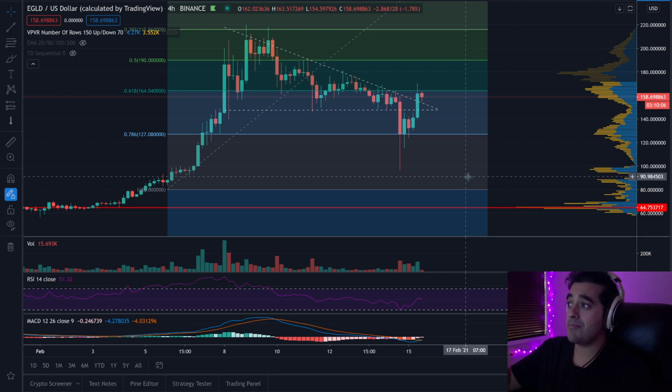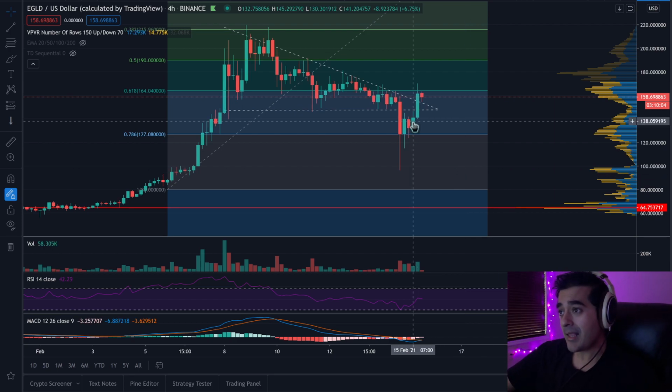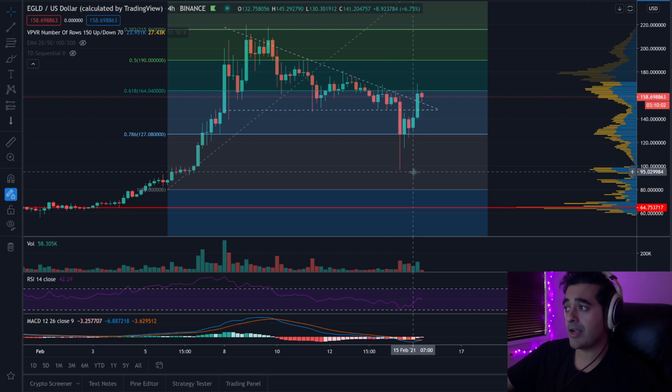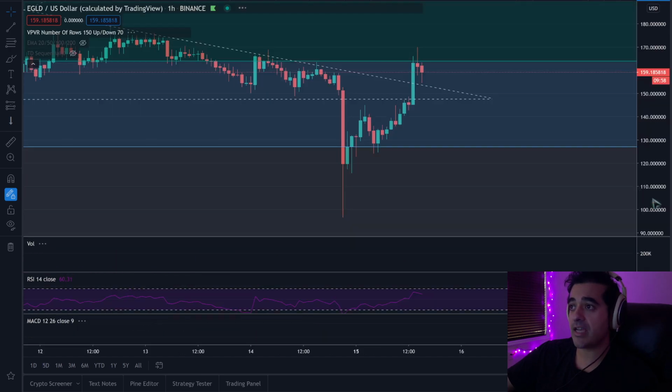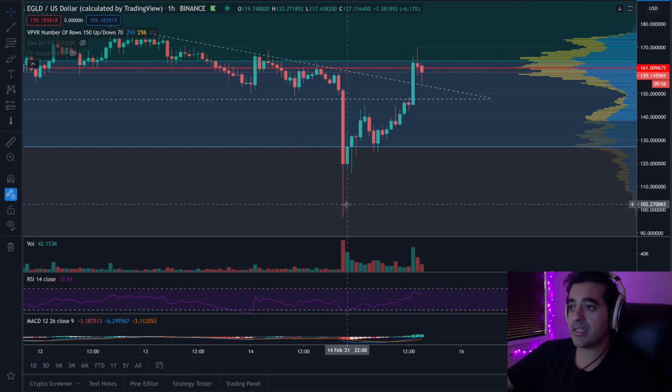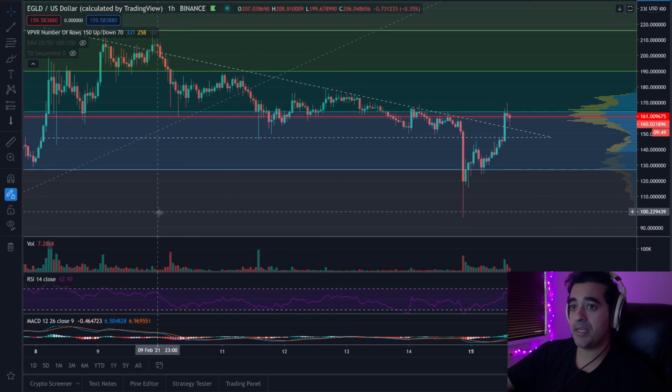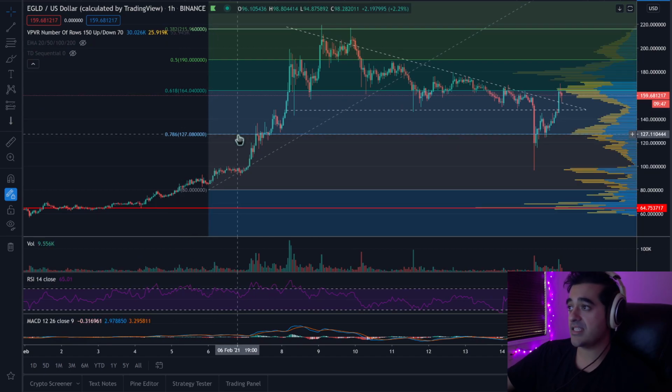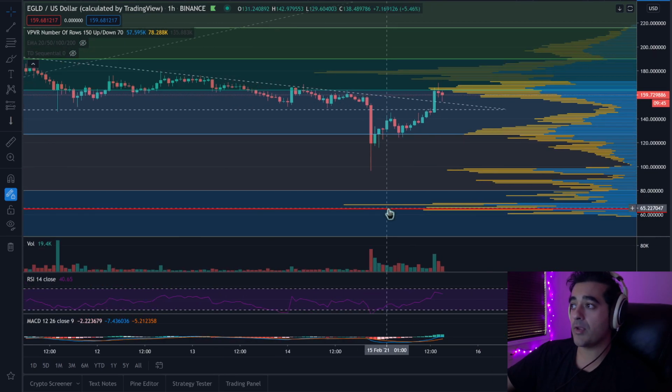You would have already made a lot of money on that order. But anyways, we went down to around 98 and we immediately, in the same hour, so if we switch this to the hourly chart, you can see on an hourly time frame, within that same hour, we came back up, and within the next hour, we had started trading at this line. It was exactly on this 786 line where we got support.